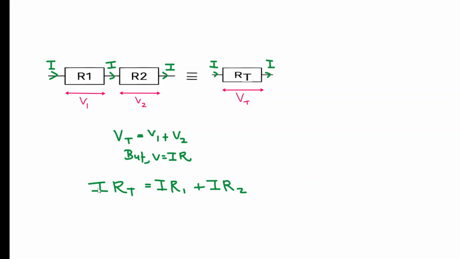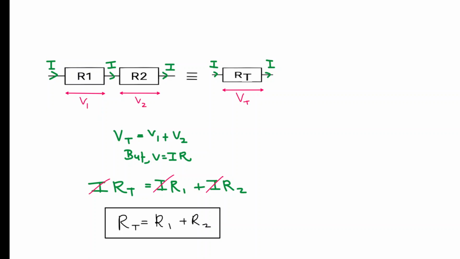Now you can clearly see the whole equation can be divided by I. They all get cancelled out, so we are left with the formula. The total resistance of a number of resistors connected in series can be found by adding the resistance of each individual resistor. So for two resistors, we get this formula: R total is equal to R1 plus R2.